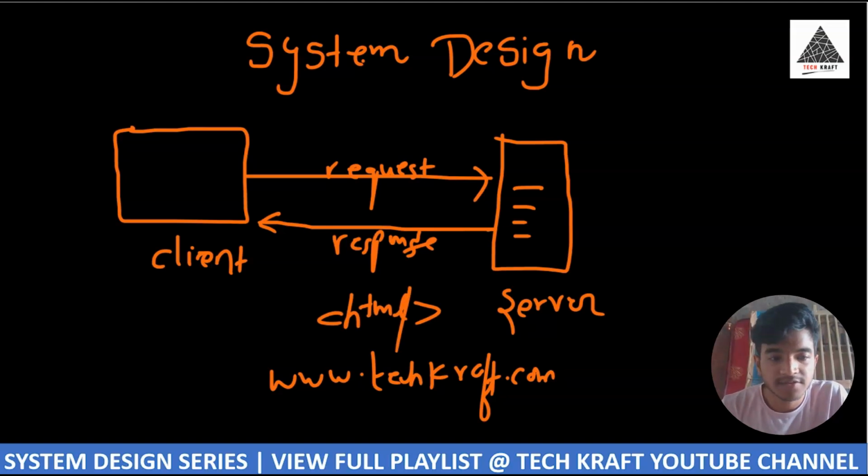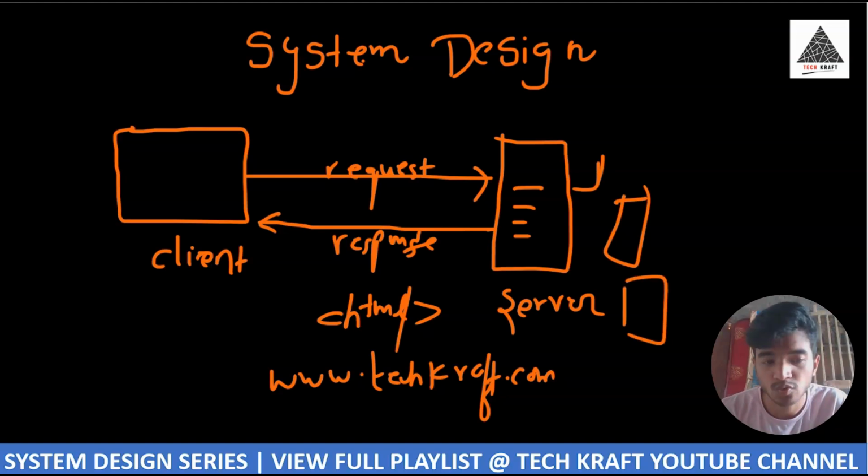So everything is fine, but how does your web browser or your computer know which one is the server? There are many servers, maybe more than one, two servers. But how does your computer know that this is the TechCraft server?